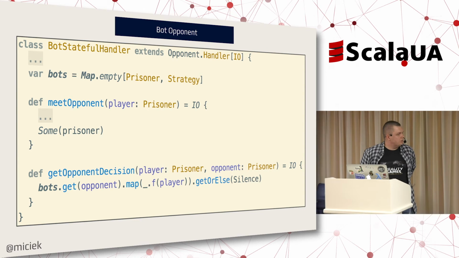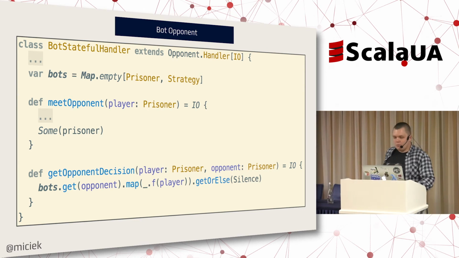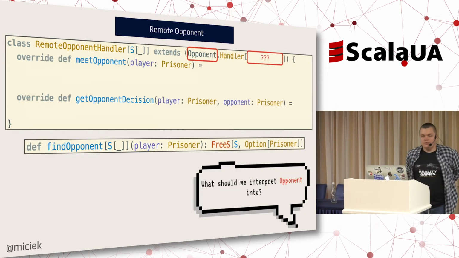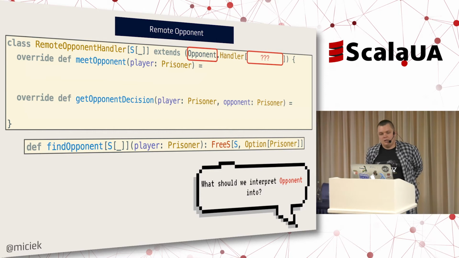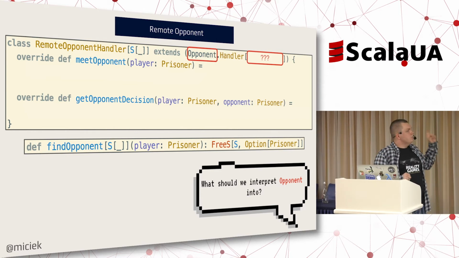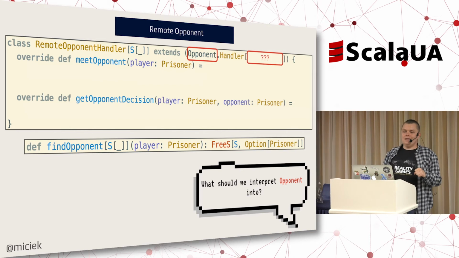We had this meet opponent and get opponent decision using a var map for the strategies. And now we have to create another handler, but for this remote opponent operation set. So meet opponent and get opponent decision, the same two operations, will be interpreted into something different for the remote opponent case.